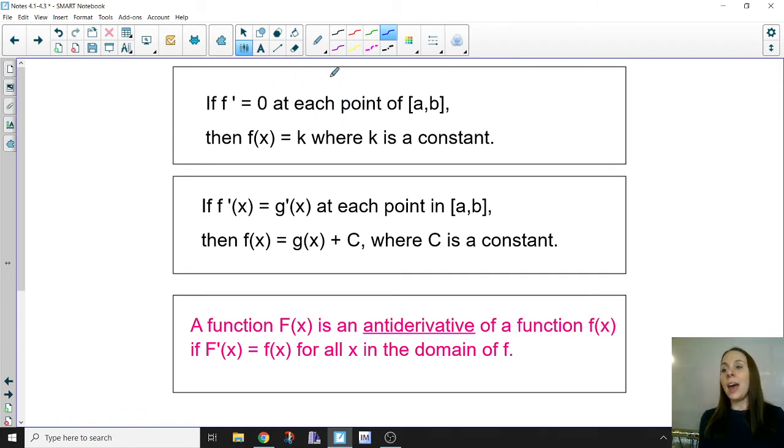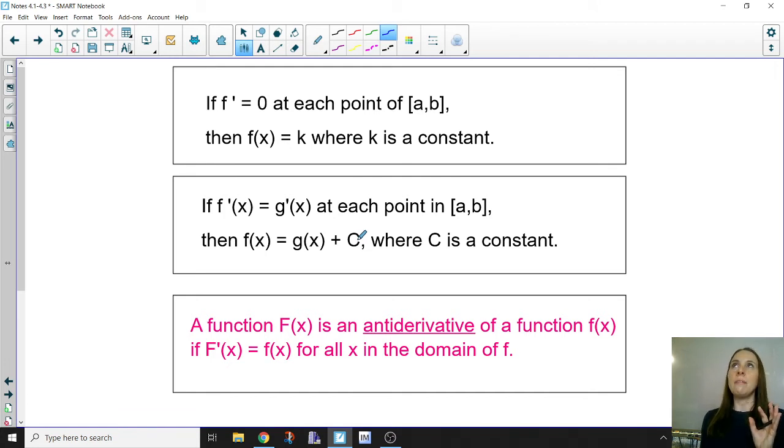That statement actually opens us up to some more exciting statements, such as this one. If the derivatives of 2 functions match, then the functions differ by just a constant, meaning they don't have to be the same exact function. They could differ by a constant. Think about it like this.